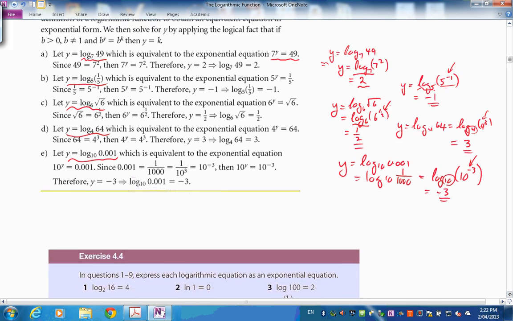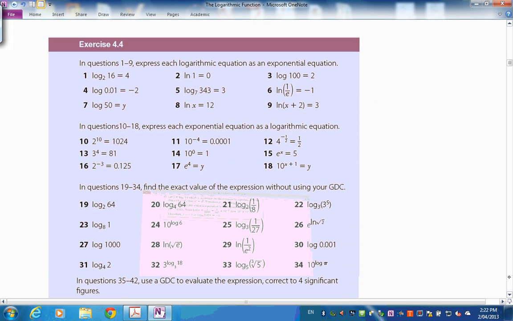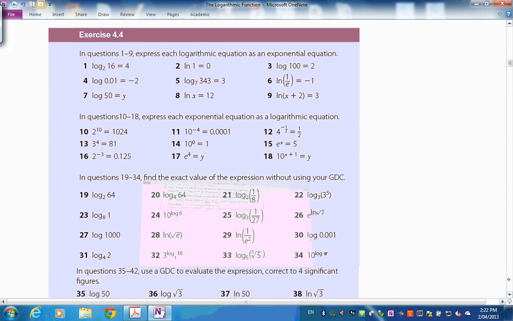Let's go down and have a look at your first set of exercises. These are all manipulating the idea of going between an exponential equation and a log equation and working them out generally without a calculator. So freeze the presentation there and have a go at these first 34, and the answers are down below.